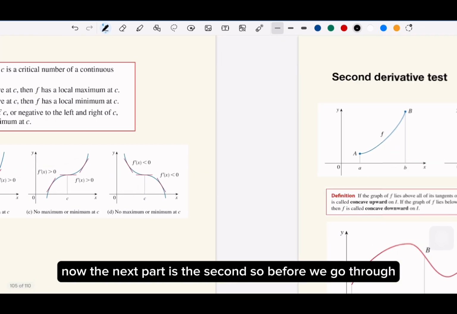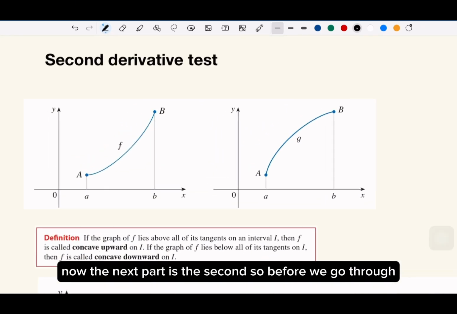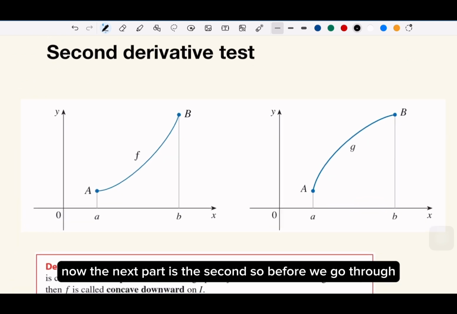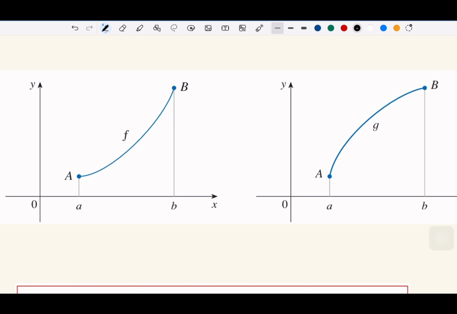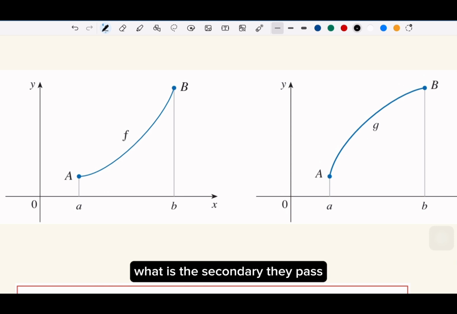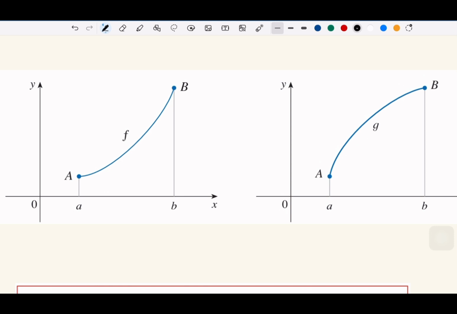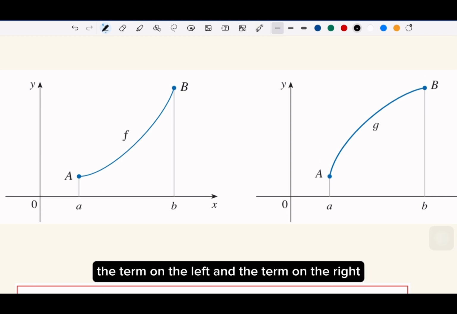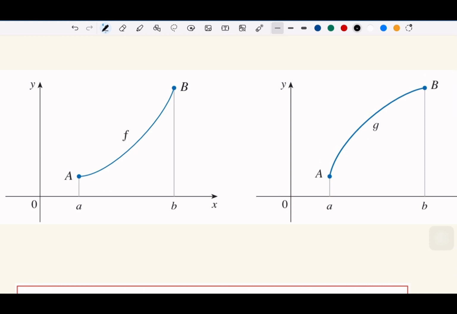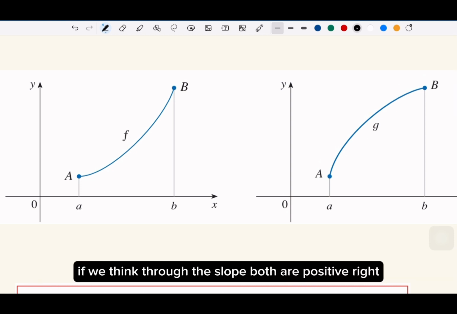Okay, now the next part is the second derivative. Before we go through what the second derivative test is, imagine these two curves, right? Consider the curve on the left and the curve on the right. If we think through the slope, both are positive, right?